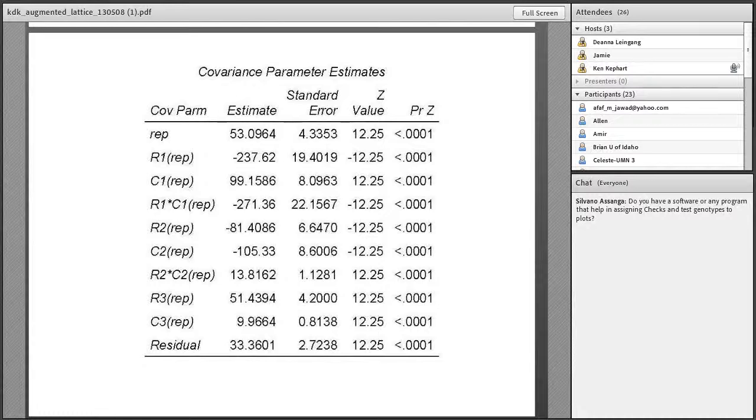And so basically what you're doing here is you're recoding your incomplete blocks with orthogonal polynomials that represent single degree of freedom comparisons, where all of these would add up to 0, and then the cross product of all of these would then also add up to 0. So it's kind of a neat way to do that. And you repeat that process for columns, and then through a series of merge statements, because you've already coded the data with row and column numbers, you simply use a series of merge statements to apply this data to your original data set.